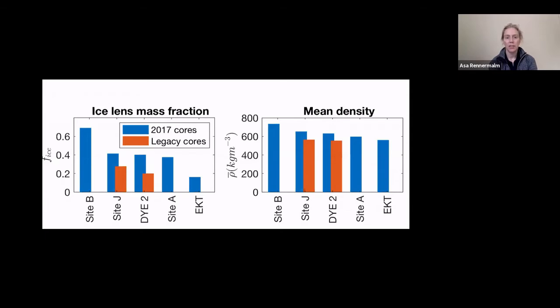And again, you see much more ice, much denser firn in 2017 than in 89 and 98. So the same image appears: ice is increasing as you go down in elevation, and as you come to more modern times.